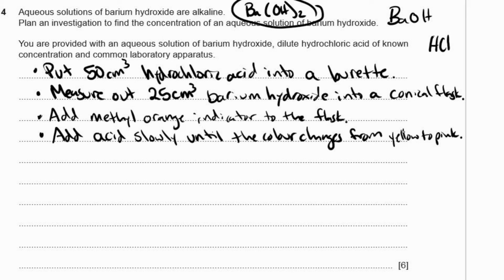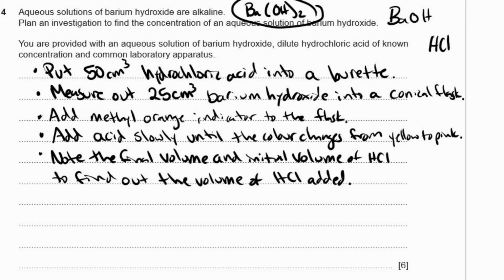You need to add it slowly so you can find the exact drop where it changes between being alkali and being acid. Then take a note of the final volume and the initial volume of the HCl to find the volume of HCl added.